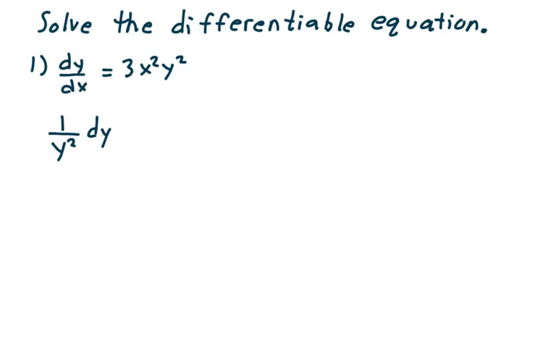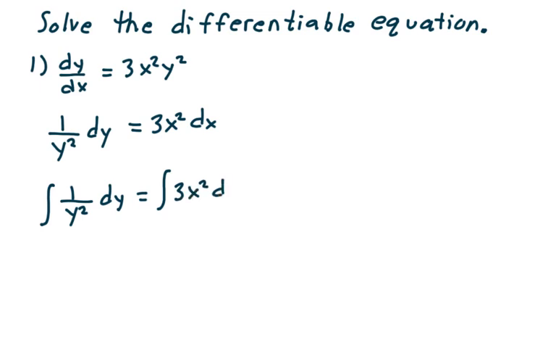So I get 1 over y squared dy is the same as 3x squared dx. And then from here, I want to integrate both sides. So the integral of 1 over y squared dy is the same as the integral of 3x squared dx.